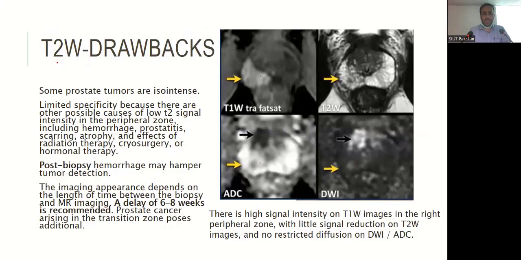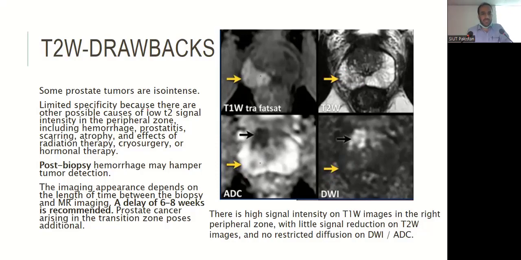So this one shows the drawbacks of T2 weighted imaging, as some prostate tumors are also isointense. And this is the picture of the T1 weighted imaging. There is a high signal intensity on T1 weighted imaging in the right peripheral zone of the prostate, with little signal reduction on T2 weighted imaging, and no restricted diffusion on diffusion weighted imaging.